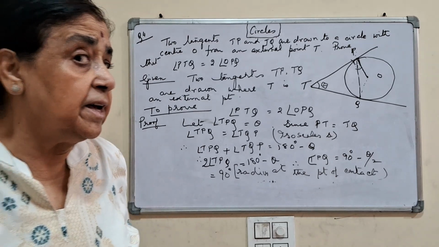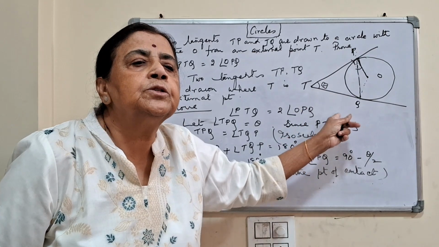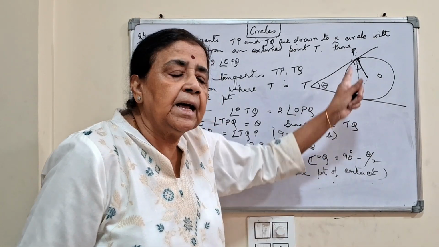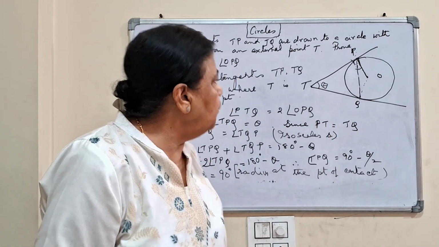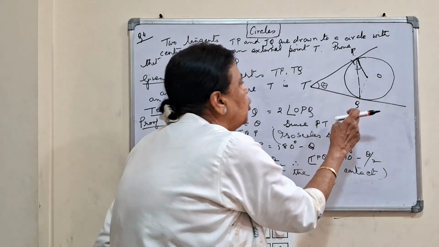Since TP and TQ are tangents, triangle TPQ is isosceles, so the base angles are always equal. So angle TPQ is equal to angle TQP.